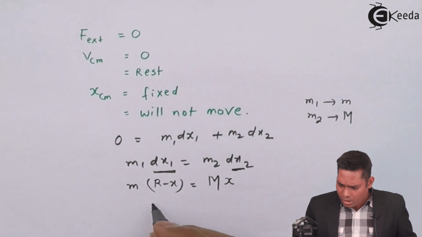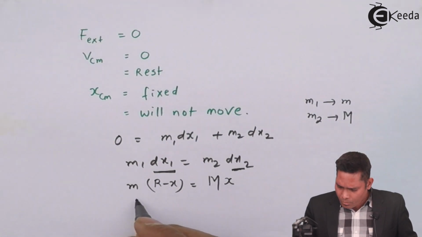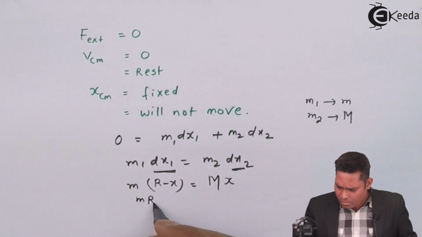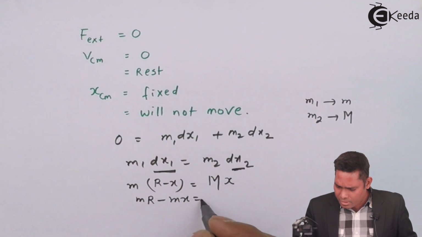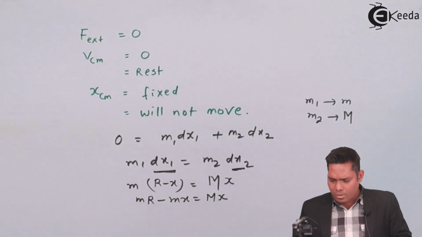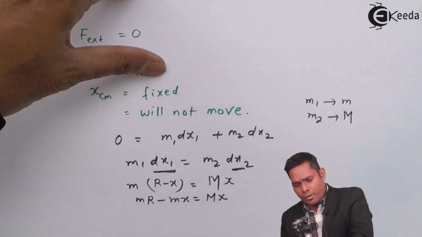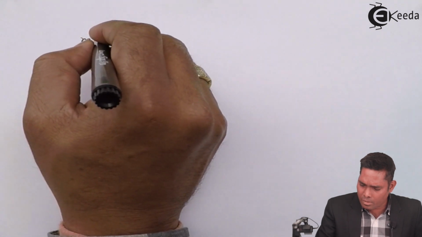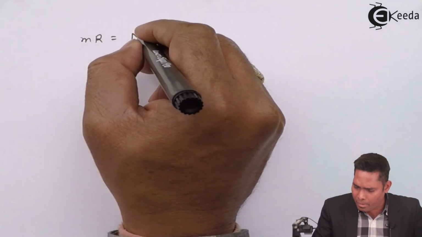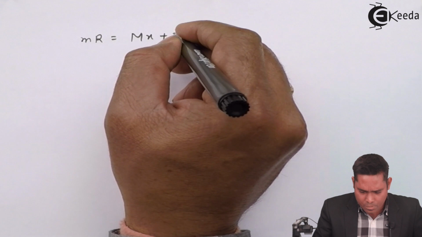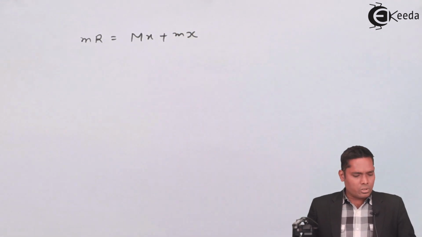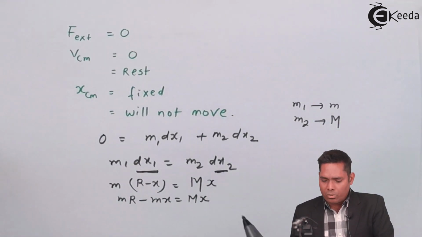If I solve this, I will get mr minus mx is capital M into x. So from here, mr is Mx plus small m into x, just a rearrangement of this equation.